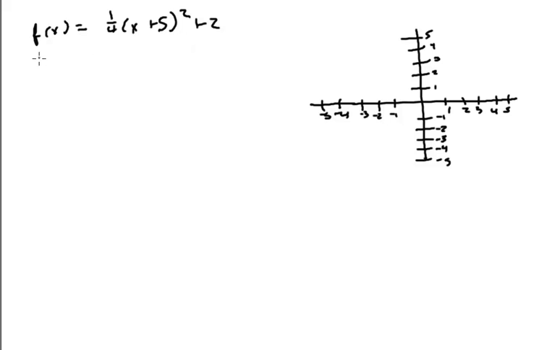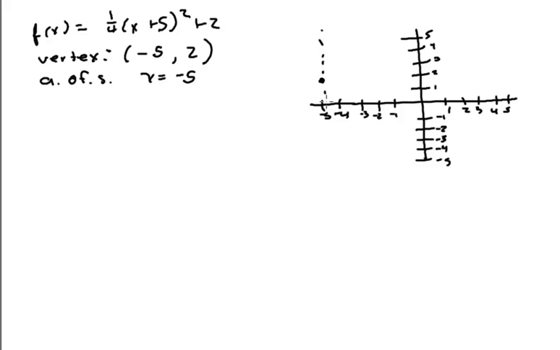So here, our vertex is (-5, 2). Axis of symmetry, x equals negative 5. That's the vertical line going through negative 5.